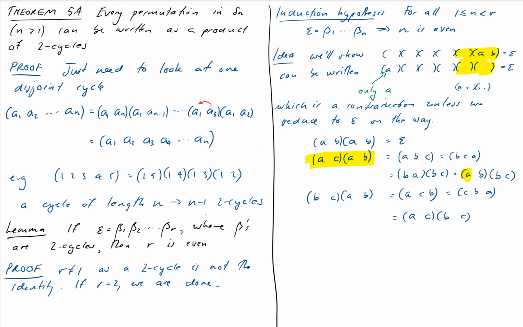Same idea, it's two cycles, but now the only A is in the very first spot there. And the other case is that we could have two things that are different altogether from A and B. And that, because disjoint cycles commute, can just be written directly as AB, CD.